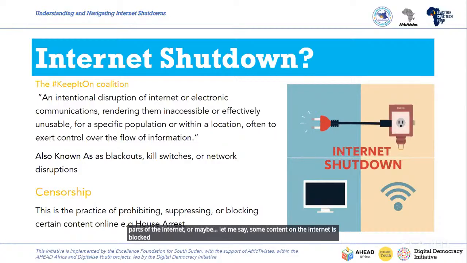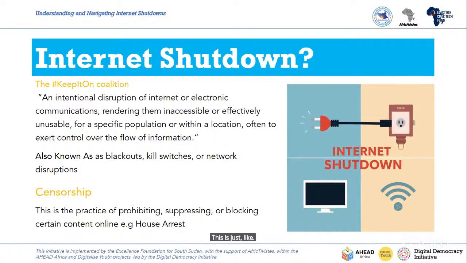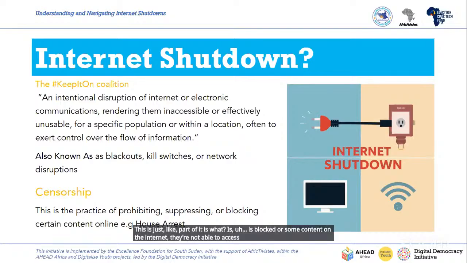It's not like when there's a total shutdown. Just part of it is blocked, or some content on the internet cannot be accessed because the government wants to control access to it. There we refer to it as internet censorship. Next.